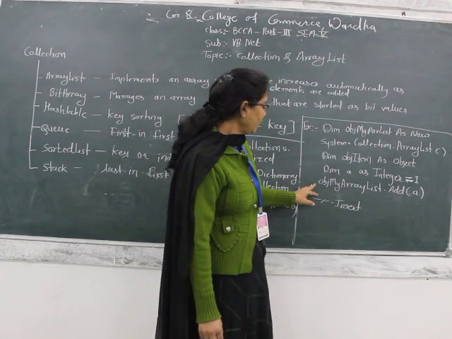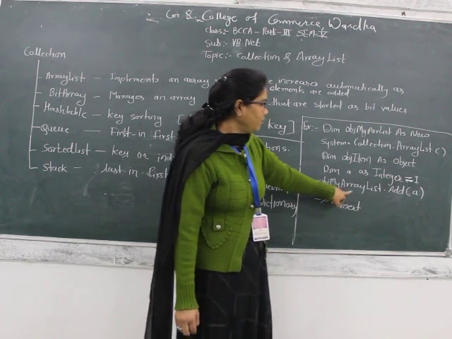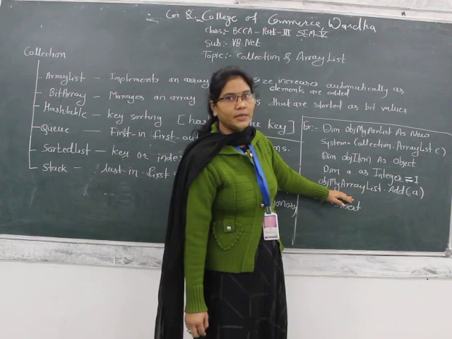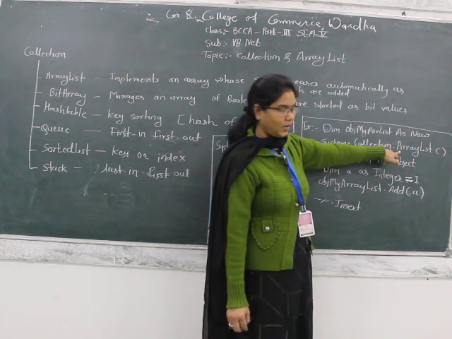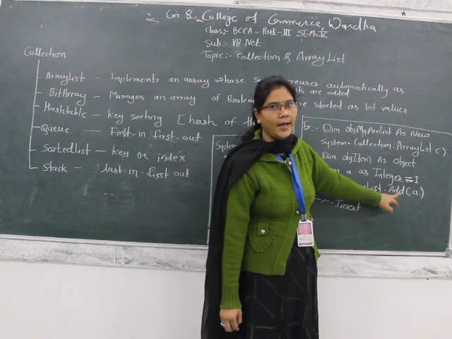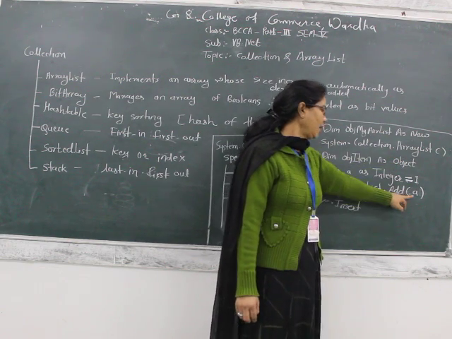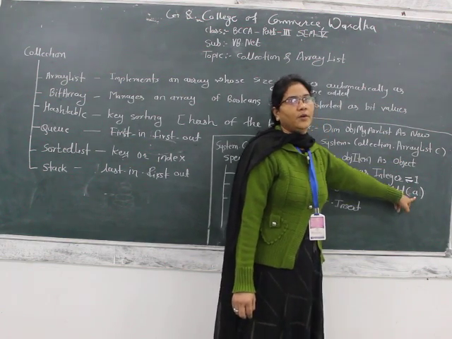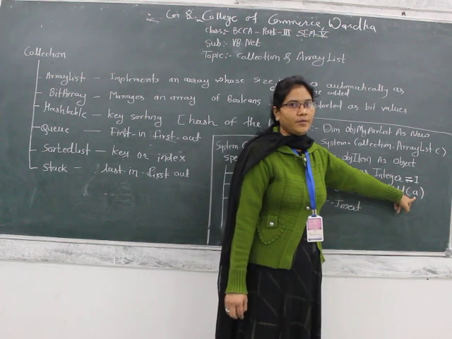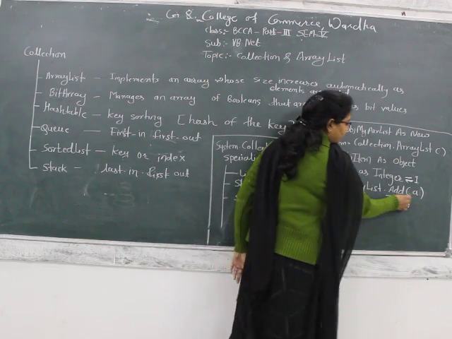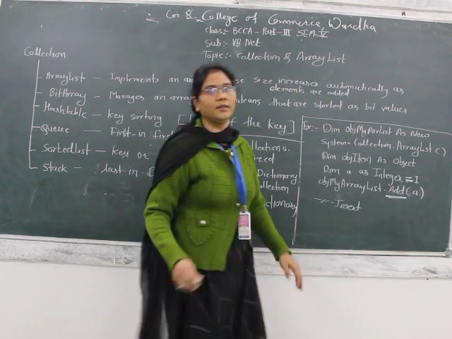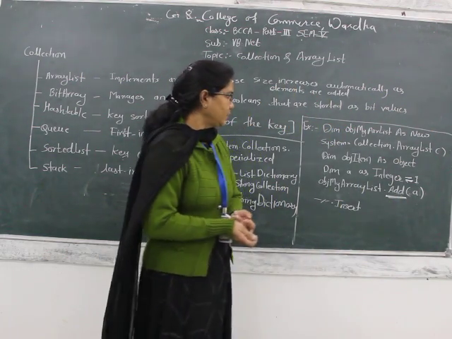How can I add? obj my array list, the object name of that array list class, dot Add, which is a method of array list, and the variable having the value 1 of integer type. So by using this Add method I can add more elements.